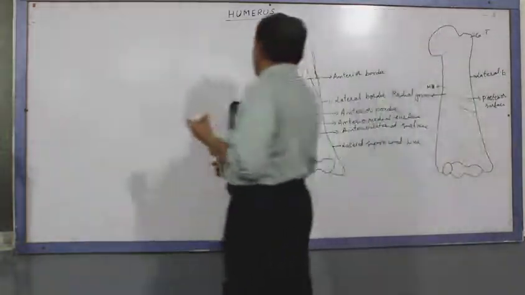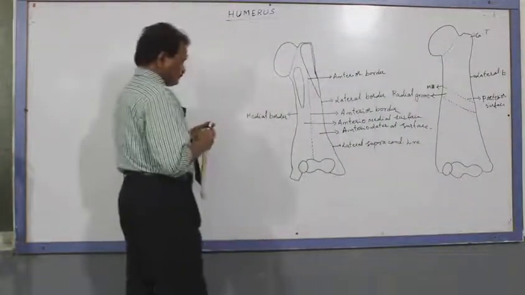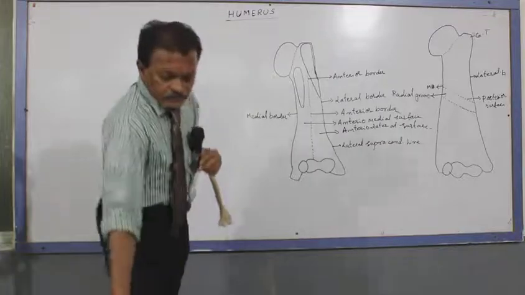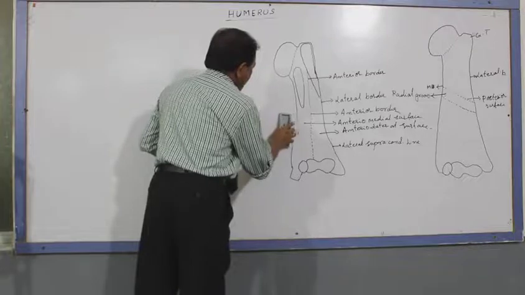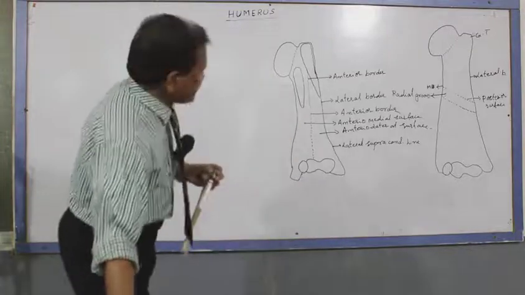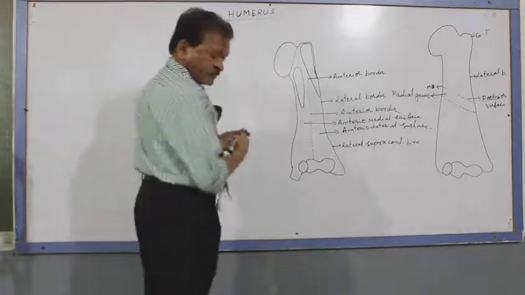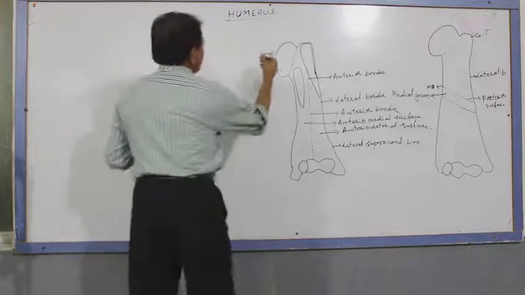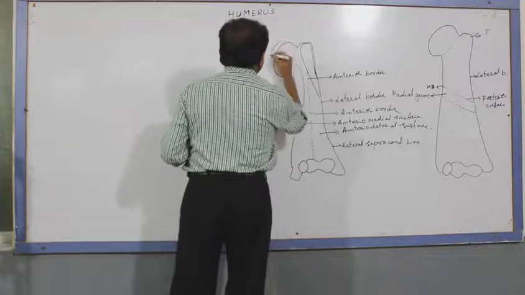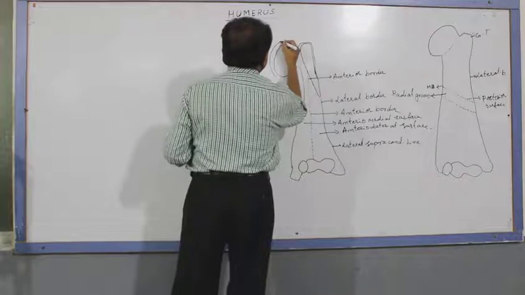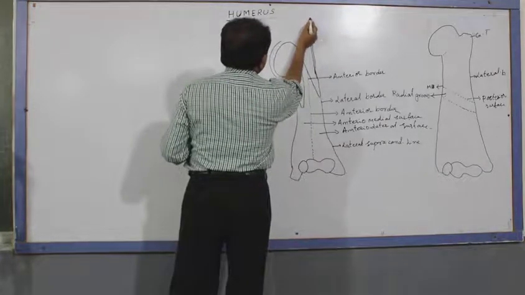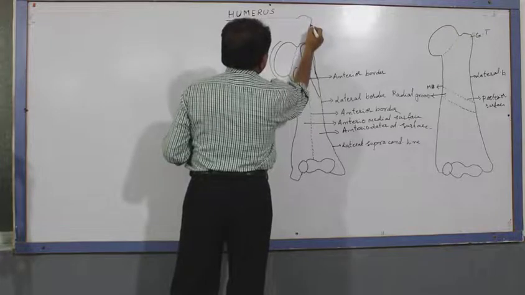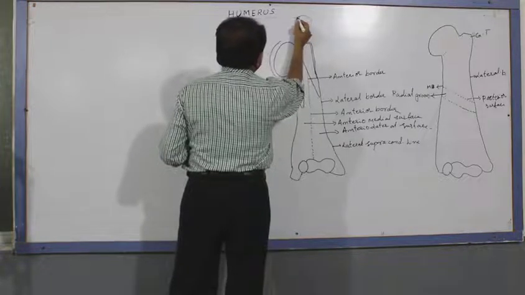So the attachment here, there is the subscapularis muscle. The subscapularis muscle, and this one is the coracoid process.